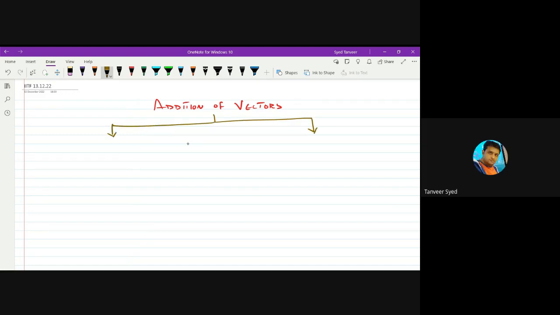One is the component method, and the second is the graphical method. First we'll see the component method, simple and easy. In the graphical method, we use three laws.